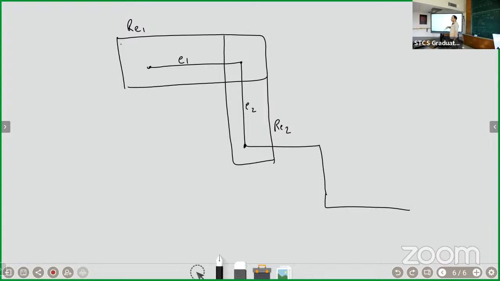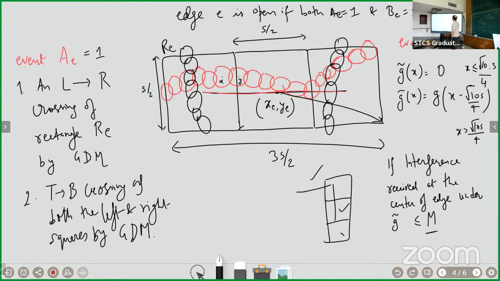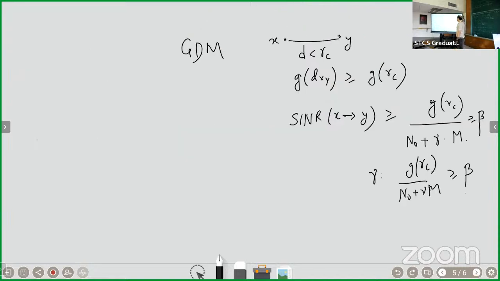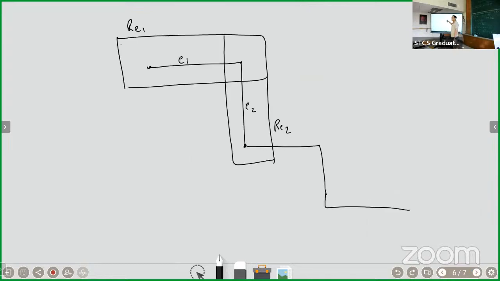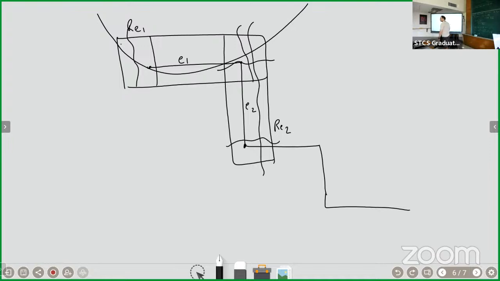I want to imply something in terms of the SINR. So suppose you had no vertical crossings here. It's possible. In the Gilbert disk model, there's no reason to always have a vertical crossing of this square. The Gilbert disk model can percolate by having a connected component which goes like this. Completely fine. But I also insisted on this as well as this, something like this, something like this, and something like this.